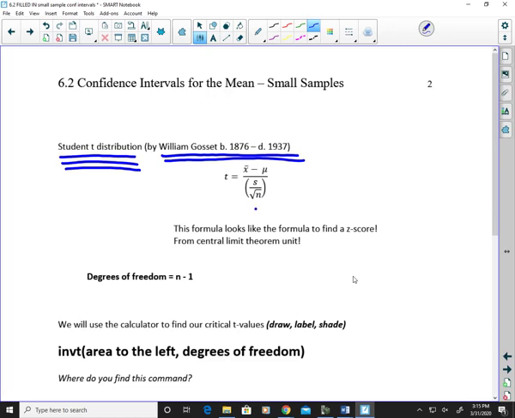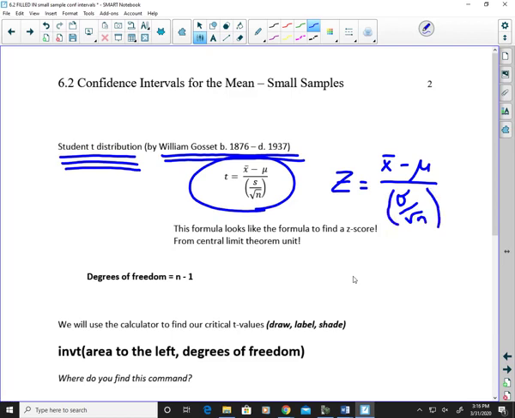If you look at the formula for the T statistic, like our Z statistic, it looks a lot like our Z-score formula, which was like this. And then, of course, we had our standard deviation. And then we learned in chapter 5 that if we have means, we need to correct that standard deviation, the standard deviation of the sampling distribution.